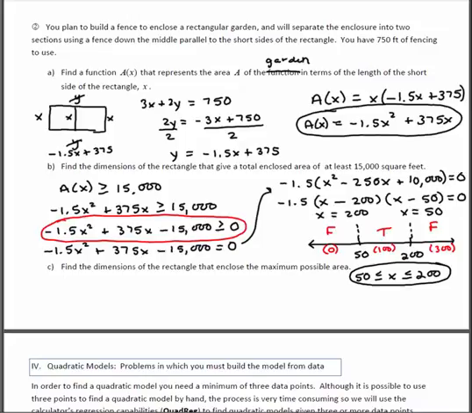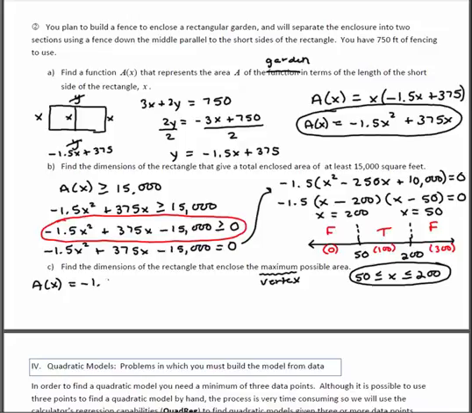The last question asked us to find the dimensions of the rectangle that enclose the maximum possible area. Whenever I see the word maximum or minimum, I'm always thinking about the vertex of the parabola. So I'll go back to my original area function, rewrite it here.